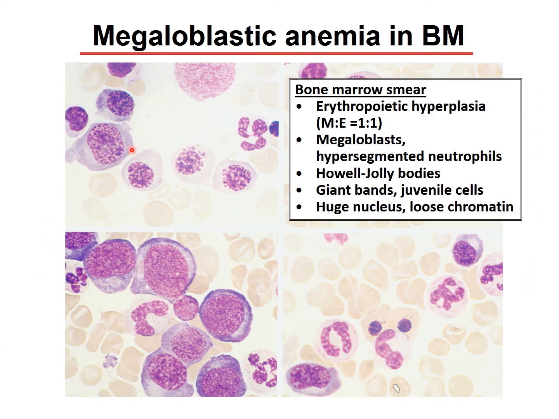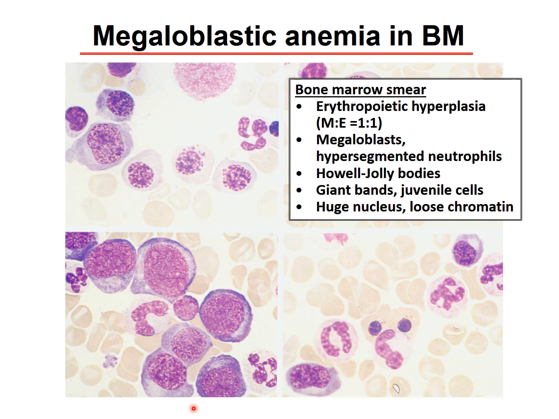Now, this is how the bone marrow looks. We are not going to have bone marrow smear for the final one. We used to have it, but now we won't. We have only peripheral. But as you see here, erythropoiesis is increased, meaning that the ratio of myeloid and erythroid precursors is changed. Normally, we have more myeloid precursors than erythroid, 3:1. Here we can have 1:1. Immediately when you look at the bone marrow, you see those blue, big nucleated cells.